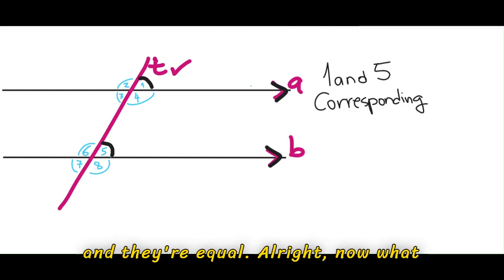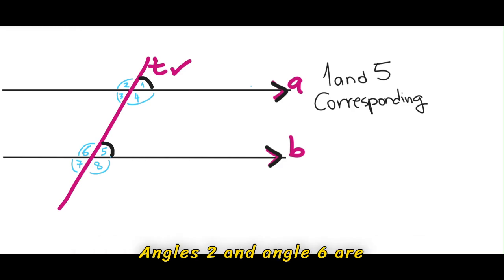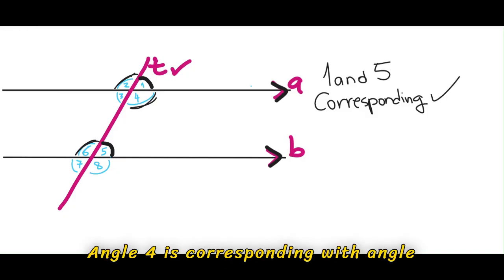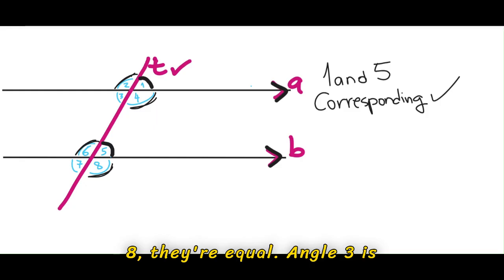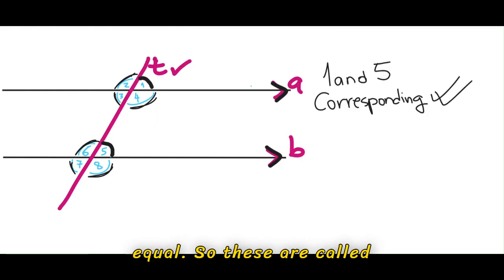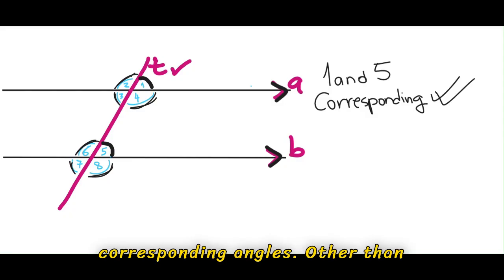Now, what other angles are also corresponding? Angles 2 and 6 are corresponding and they're equal. Angle 4 is corresponding with angle 8. They're equal. Angle 3 is corresponding to angle 7 and they're equal. So these are called corresponding angles.